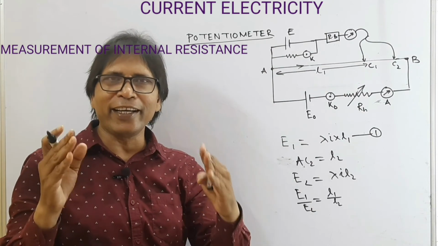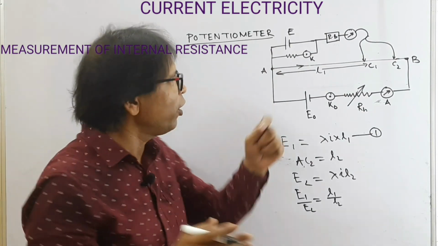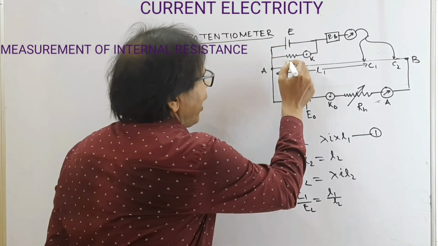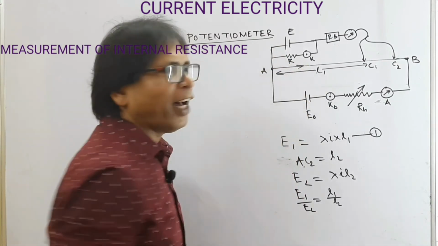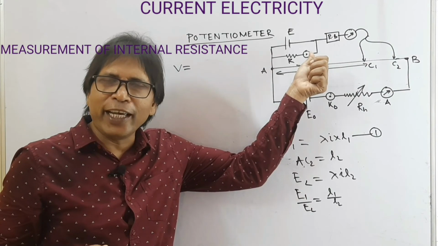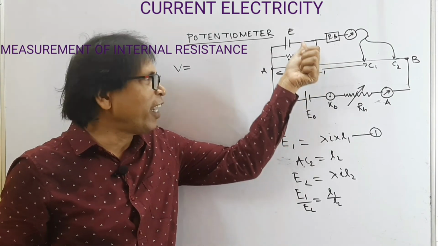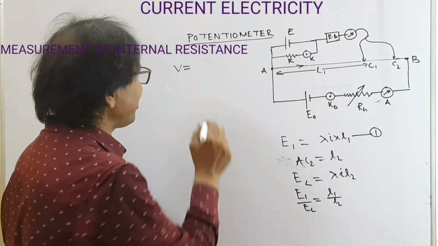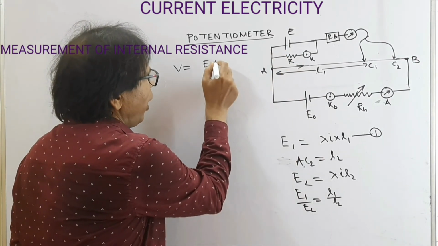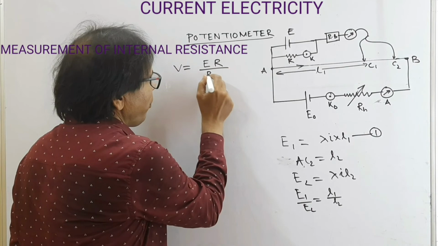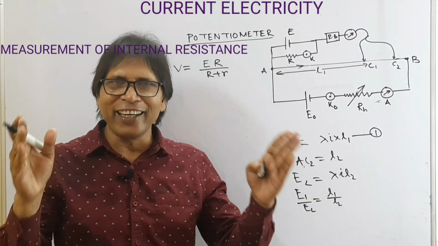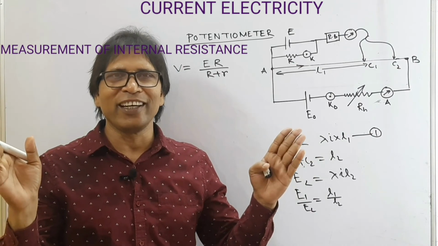Okay. Now next. To measure the internal resistance r of the cell E, the cell E is shunted by a resistance R. When switch K is closed, the terminal potential difference of the cell is V equal to E into R divided by capital R plus small r, where small r is the internal resistance of the cell.